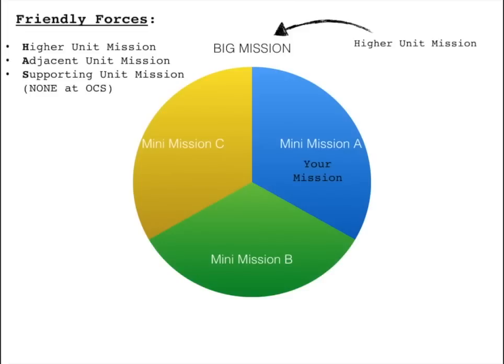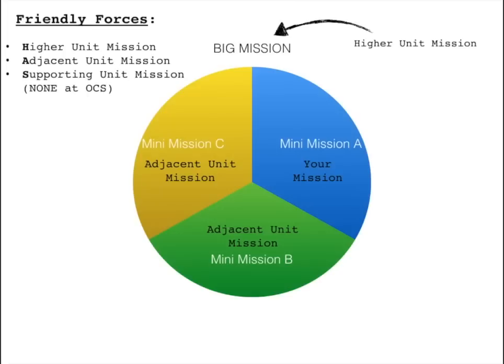Your task is to accomplish mini mission A. Your adjacent units, the two other fire teams, also have their missions. Those are your adjacent unit missions. It's important for you to know what they need to do so that you understand how they play a role in the big mission, the higher unit mission. Then you know what to expect.